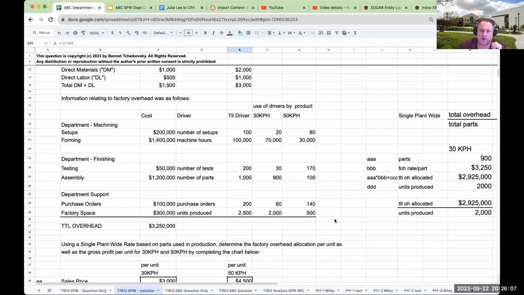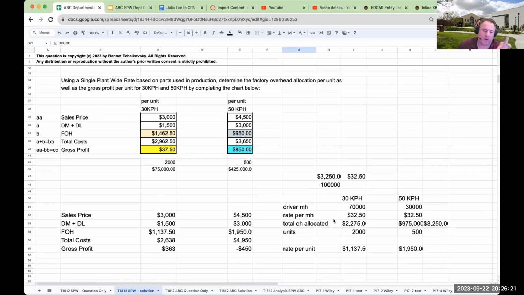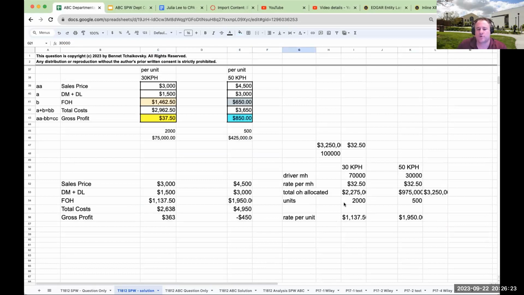Now notice too, if you look at the parts that we used, this is 90 to 10, so the split of the overhead is 90% and 10%, whereas this is going to be a 70-30. But you're not going to really know this until you go through and do the computations. Again, this is not required for the problem, but if we wanted something closer to activity-based costing, this is something we could do.